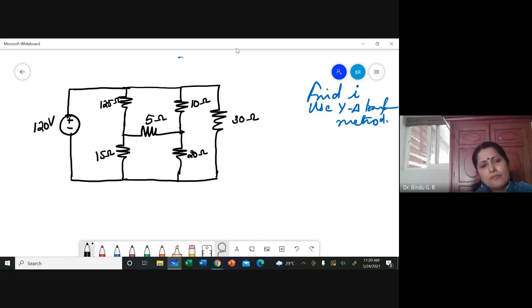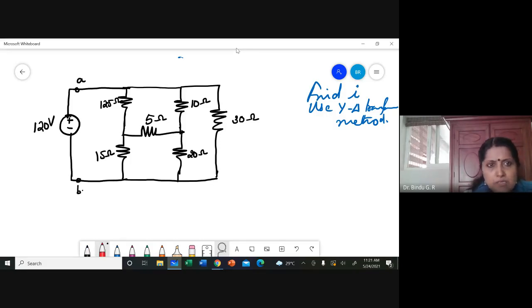Now that 12.5 was given in a book as 12.5, so I took it as 12.5 so that the answer will be as given in the textbook. That's all. I could have taken 12 also, but okay. Let this be terminal A, let this be terminal B.